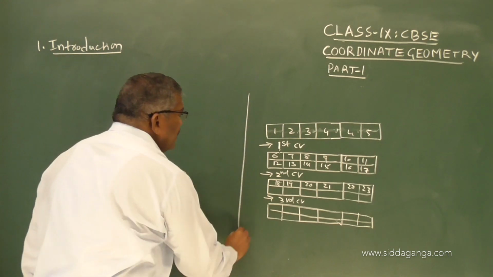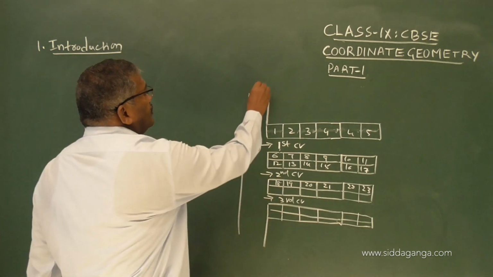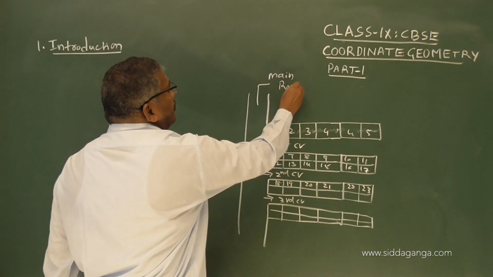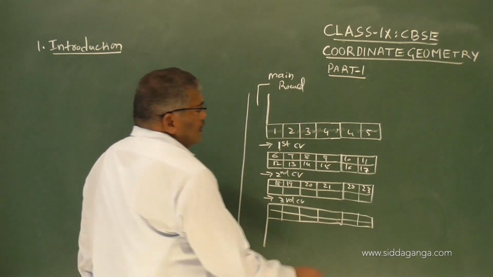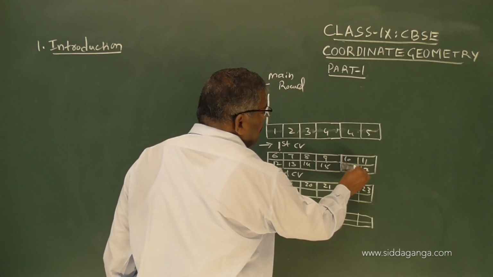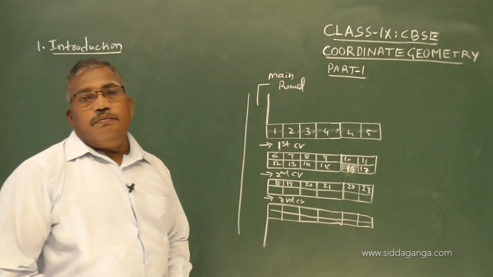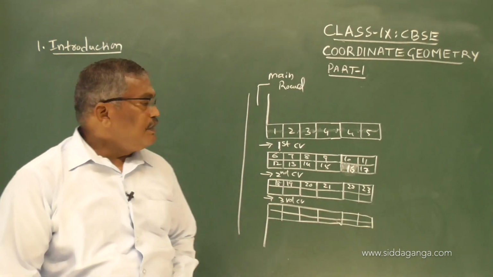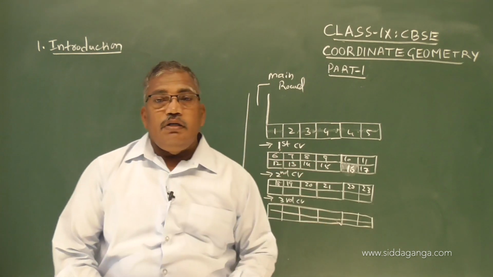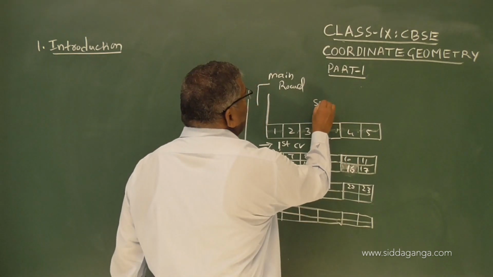And this is the main road, let us presume this is one of the main roads. Let us presume this 16th is your friend's residence. So if your friend calls you to visit his house on a Sunday, in what manner will you address it? You will say this is, say, Siddaganga colony.